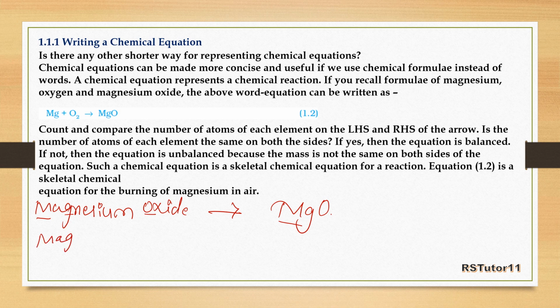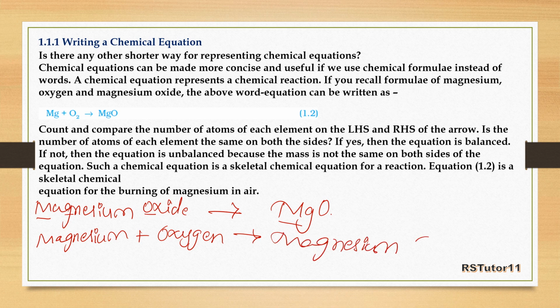Like how it was magnesium plus oxygen gives magnesium oxide. So how short is it? Mg plus O2 gives MgO.